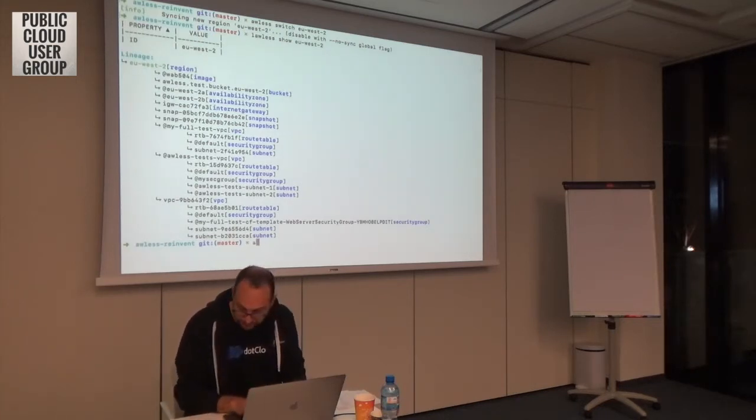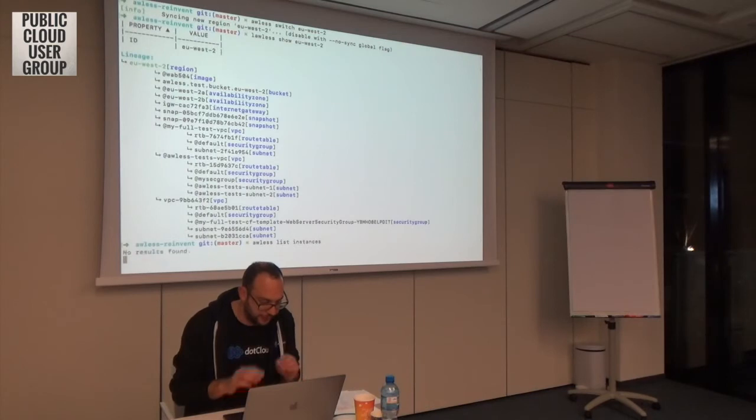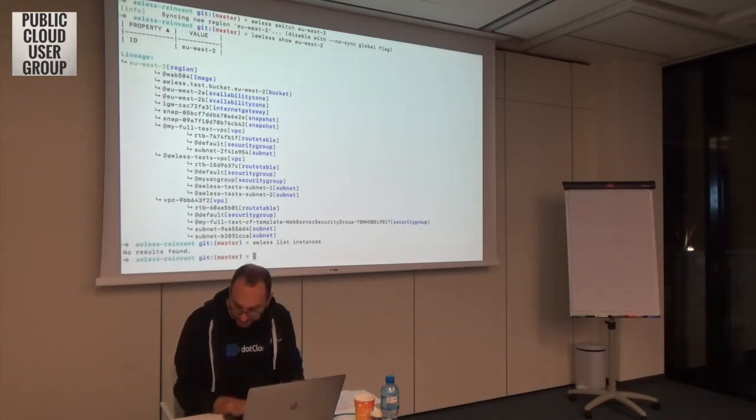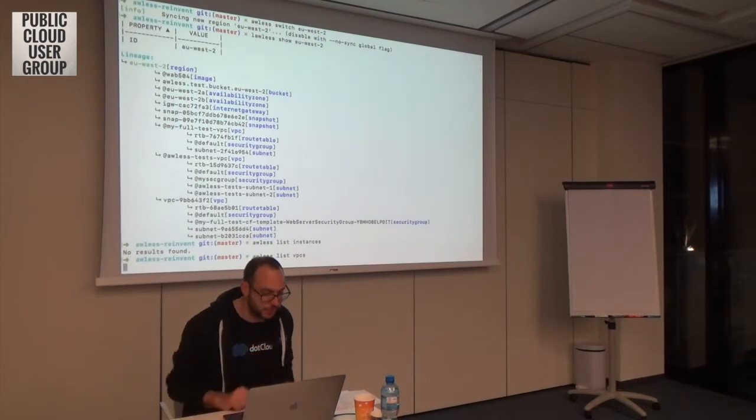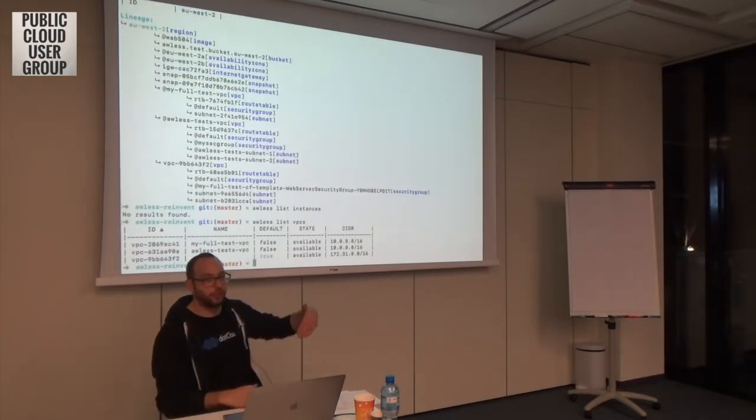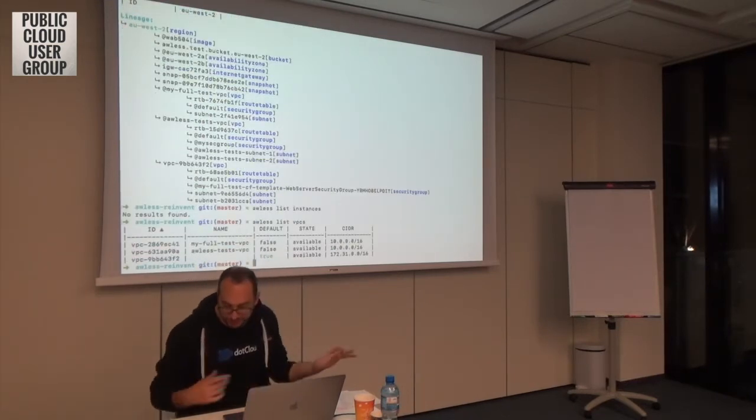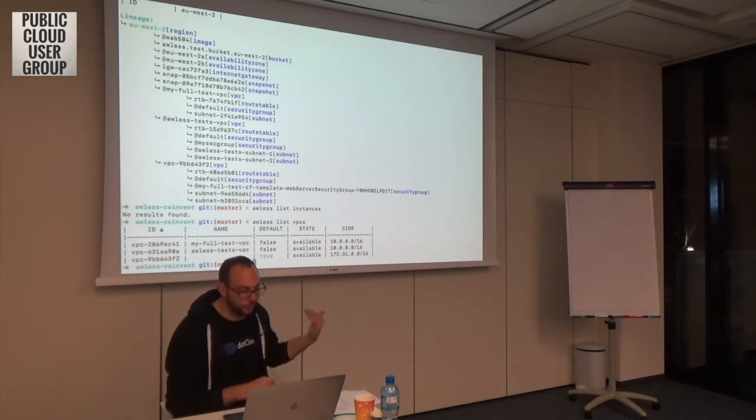For instance, we can list the instances we have, and we don't have any. But we can list the VPCs we have, and find that we have 3 of them, and that's the detail that we have for the VPC.